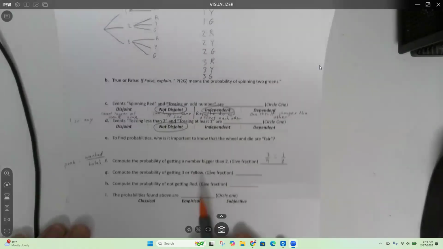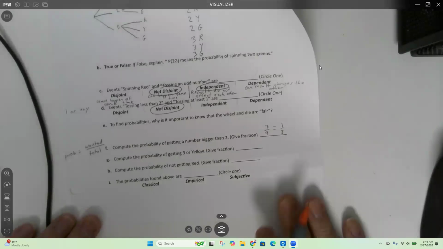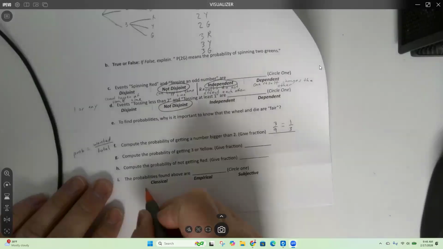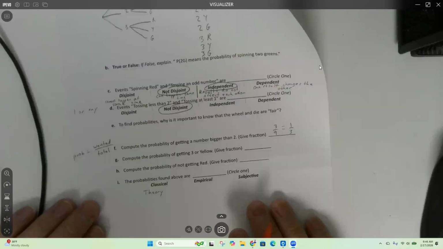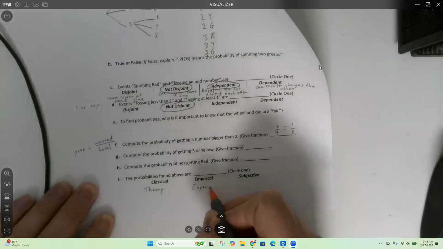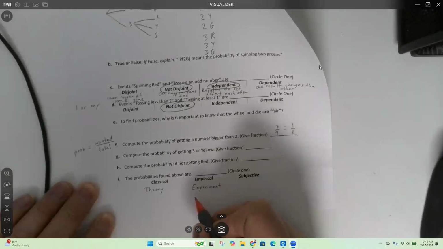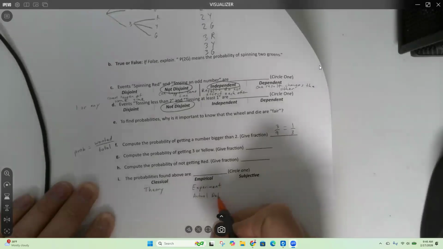All right, the probabilities above are classical, empirical, and subjective. So classical is theory, okay? Empirical means you're looking at some kind of experiment or actual data, okay?